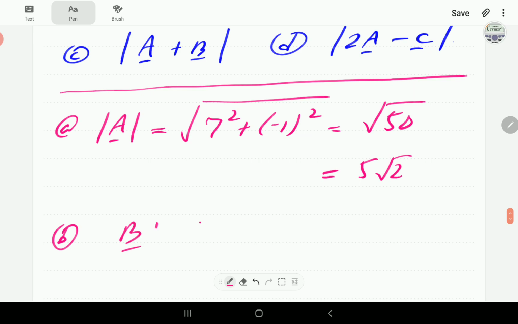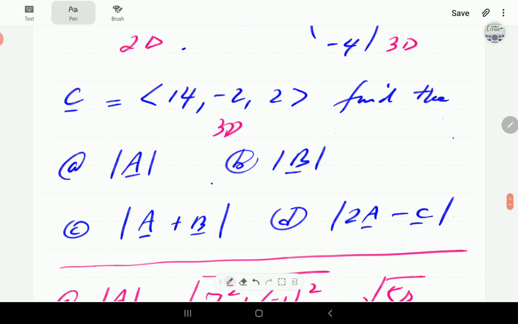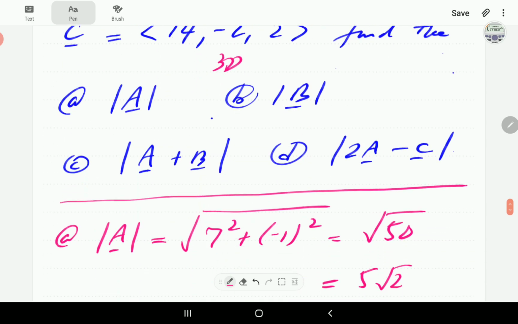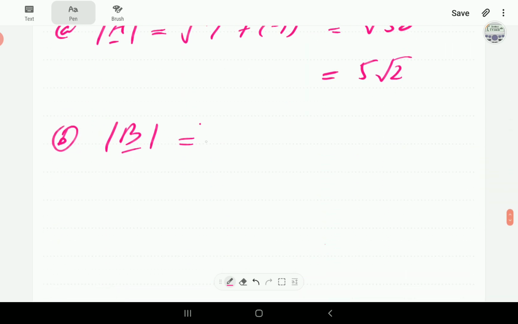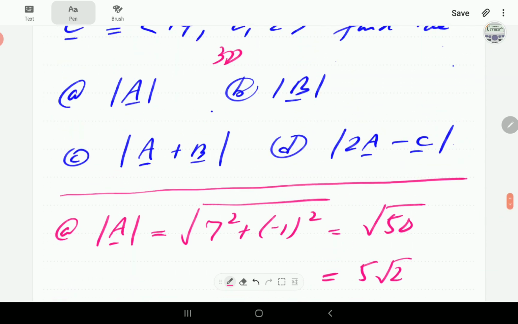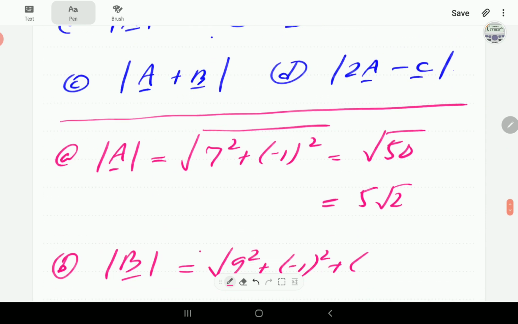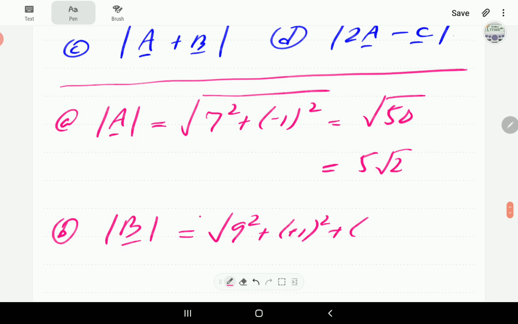Then the magnitude of vector B. For vector B the x component is 9, then you got 1, and then you got minus 4. So 9 squared plus 1 squared, it's positive 1, then minus 4 squared.